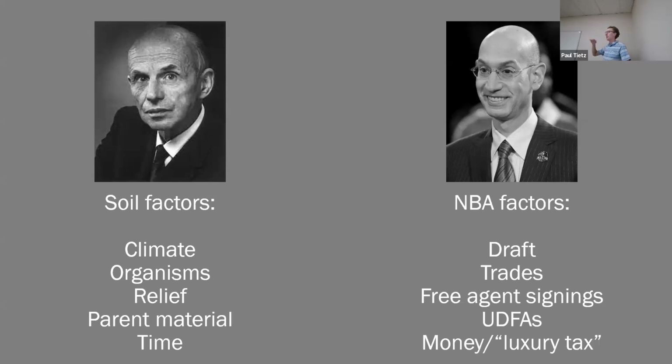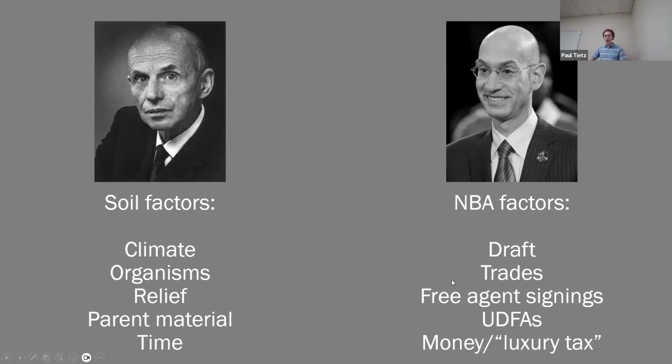So all teams are restricted to a maximum amount of money that they can pay their players. You can go over that as a team if you have a lot of really expensive players. I'm thinking about like the Golden State Warriors with Steph Curry, Klay Thompson, Draymond Green all at once. They paid a lot of money. They went over the salary cap, so they had to pay extra money to the NBA in the form of this luxury tax for keeping all their really best players.